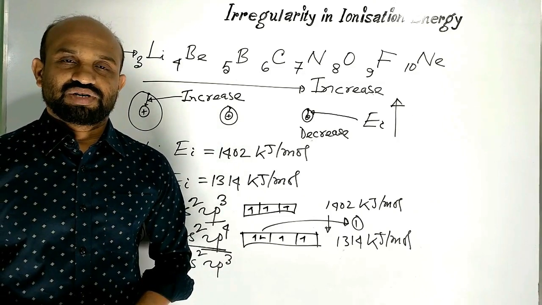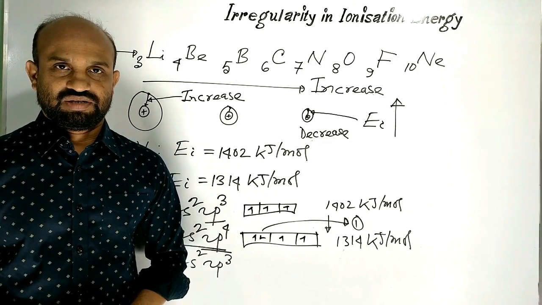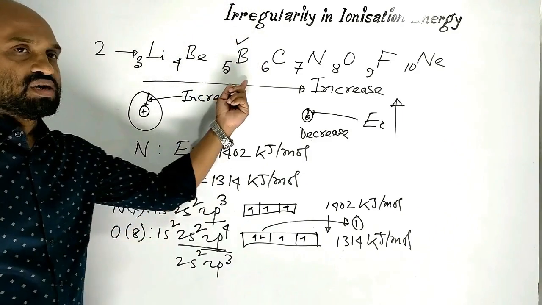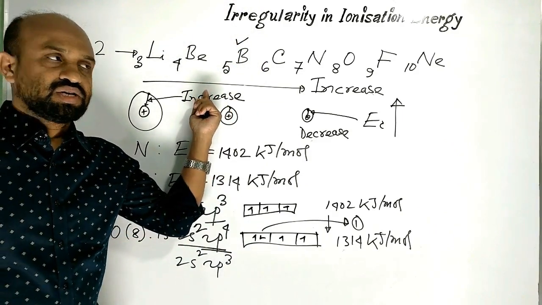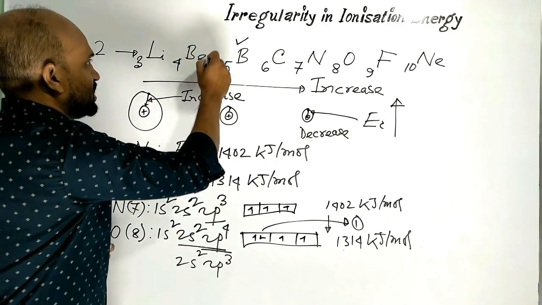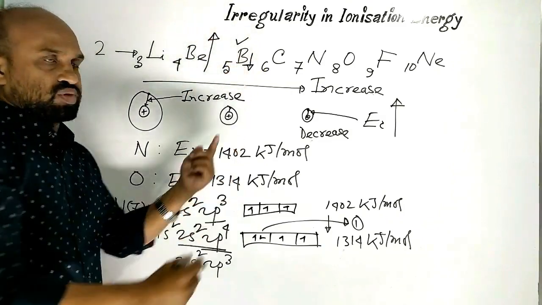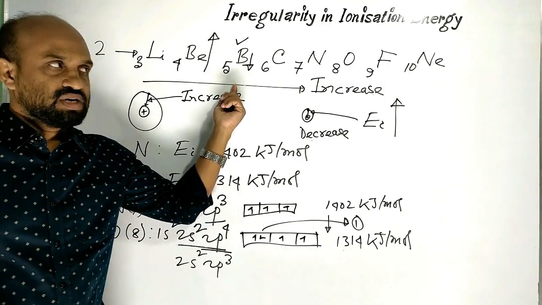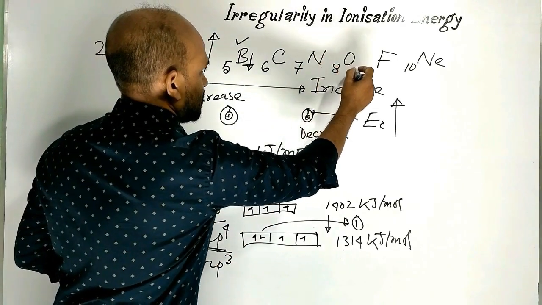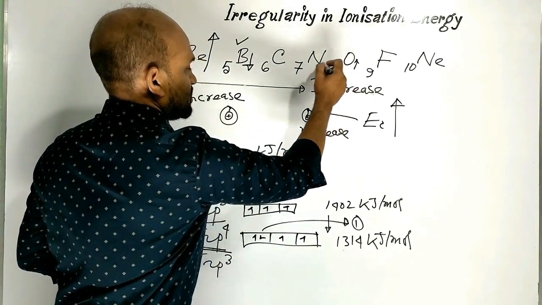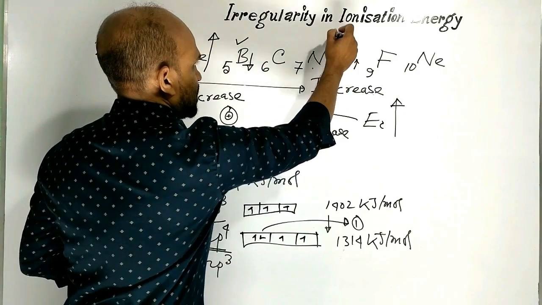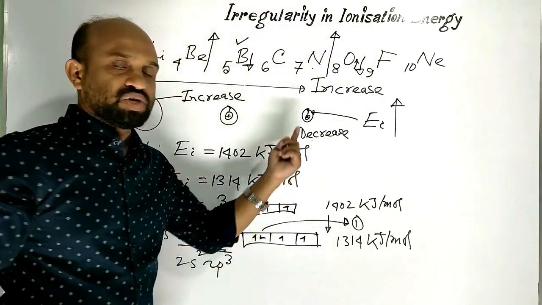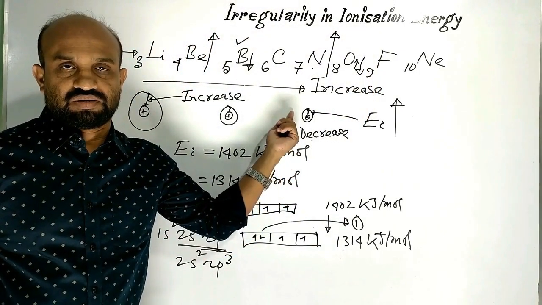This is all about irregularity in ionization energy. Ionization energy of boron should be higher than beryllium, but actually ionization energy of beryllium is higher than boron because of the stable electronic configuration. Again, ionization energy of oxygen should be higher than nitrogen, but actually ionization energy of nitrogen is higher than oxygen because of their electronic configuration.